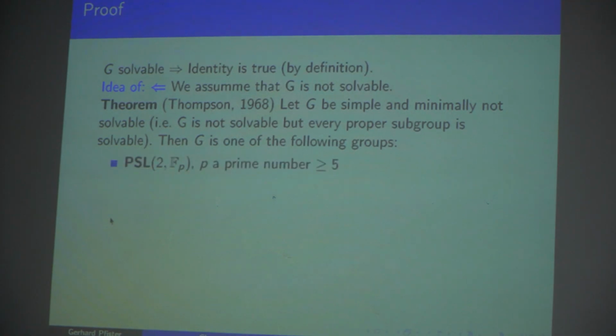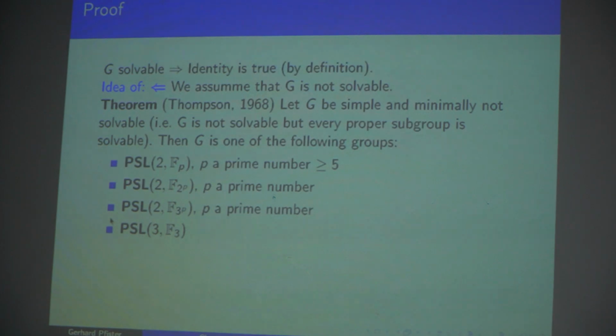And that's why I explained PSL2. PSL2 is one of these groups: PSL2 of Fp, PSL2 of F2 to the power p, and PSL2 of F3 to the power p, p a prime number, is in the list.